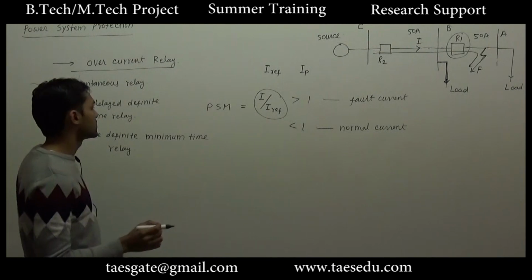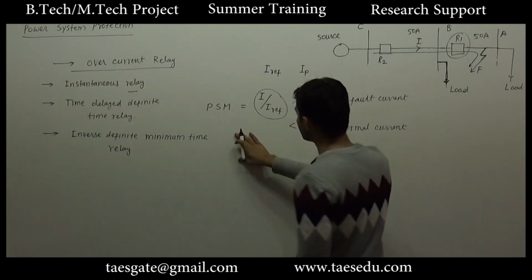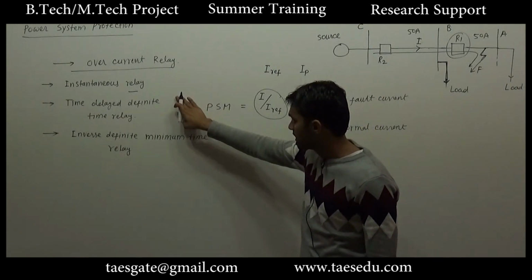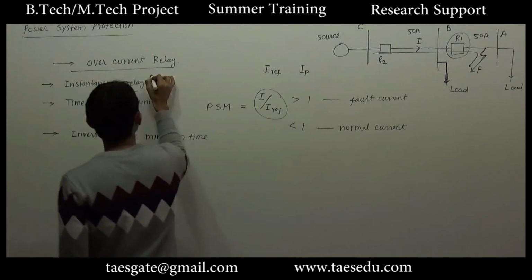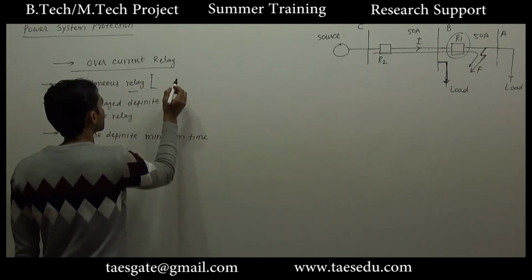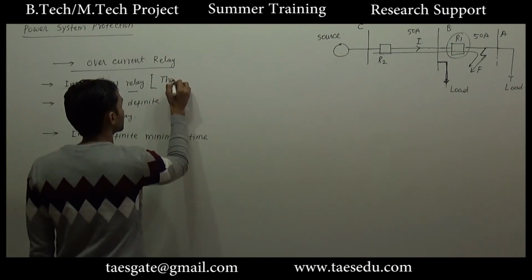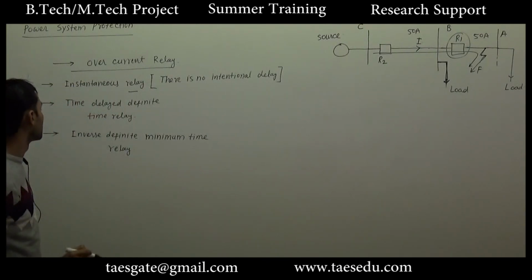The first is instantaneous relay. As the name suggests, what this relay will do, as soon as it detects any fault, it will operate. In instantaneous relay, there is no intentional delay.